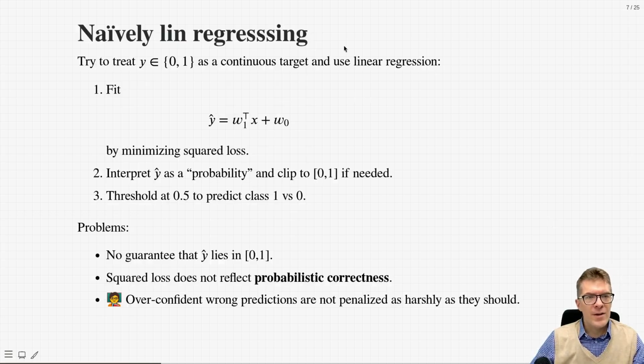So we talked about linear regression before. So we can try to use linear regression, basically fitting a straight line to our data. We know that x will be whatever variables we have in our independent variables, and then y is our dependent variable that we're trying to predict. We can imagine that this binary case is a continuous target, so it goes from 0.0 to 1.0.